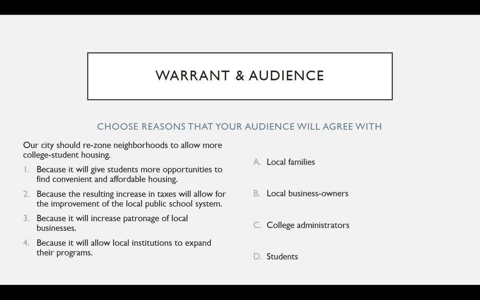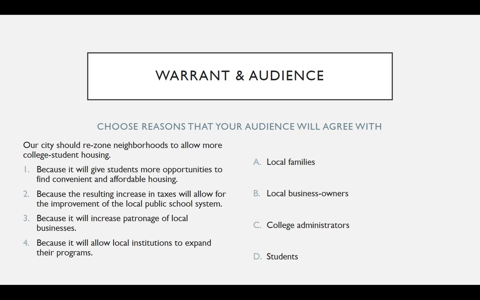So if you look at these 4 reasons, we have 4 possible reasons we could give for our city to rezone neighborhoods to allow more college student housing. And if you like, you can pause right now and see if you can match those up yourself. You probably can. So looking at these reasons, we should rezone neighborhoods for more college student housing in order to give students more opportunities for convenient and affordable housing.